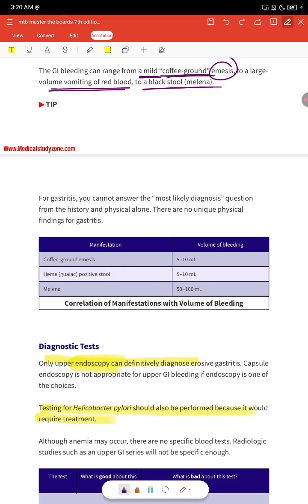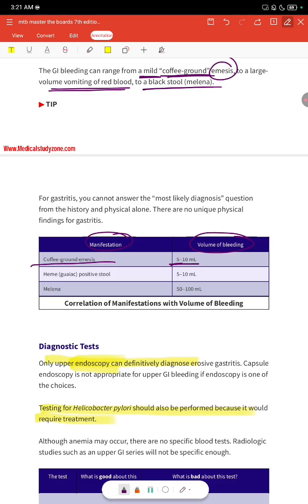For gastritis, you cannot answer the most likely diagnosis question from the history and physical alone. There are no unique physical findings for gastritis. Here are manifestations and volume of bleeding. When the volume of the bleed is about 5 to 10 ml, it often presents as coffee ground emesis.